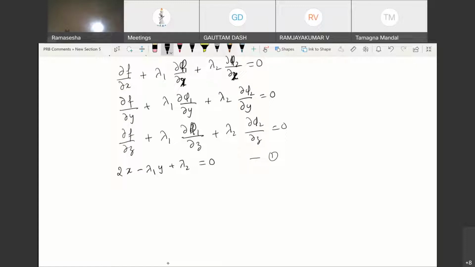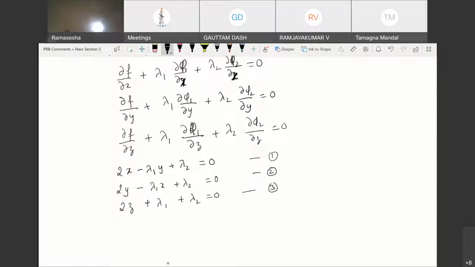And equation 2: 2y minus lambda 1 plus lambda 2 equal to 0. And the third equation: 2z plus lambda 1 plus lambda 2 equal to 0.